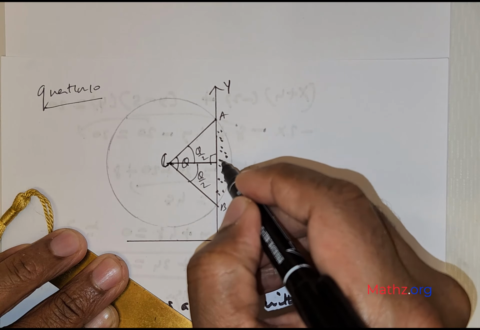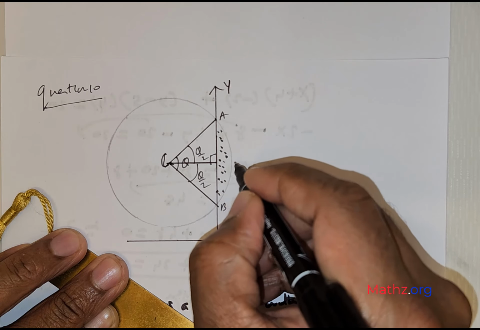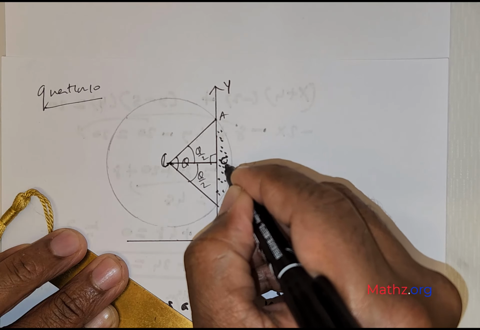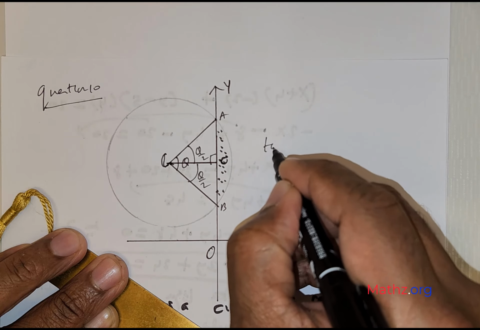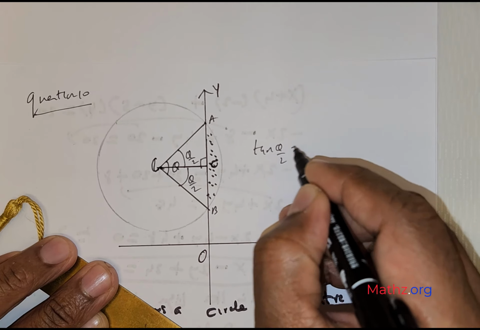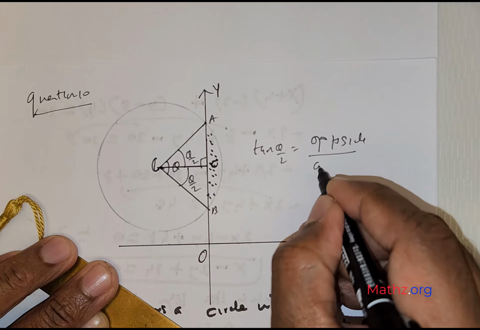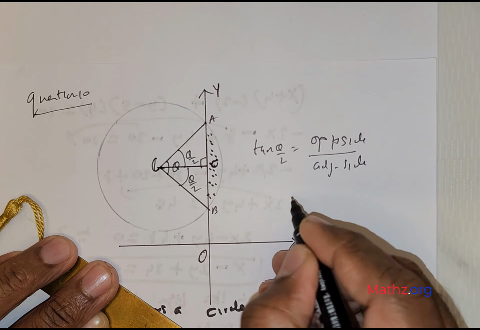Now I need to get AB. If I get AB, imagine this is, say, some C. So if I were to take tan theta over 2, it would be opposite side divided by adjacent side, right?